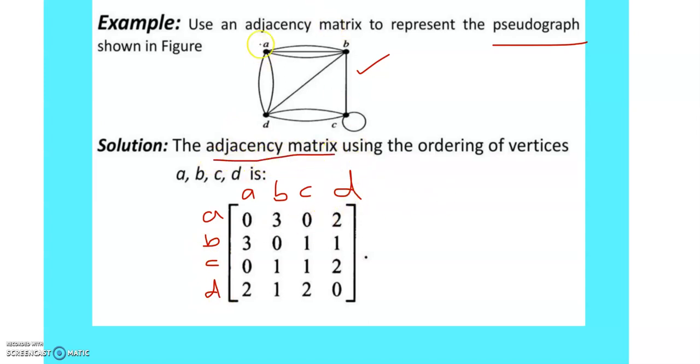Now you see here, this vertex A has 3 edges with vertex B. So A and B having 3 edges, so write 3 between them. Now A and D having 2 edges, so A and D is 2. If you write in the first row 0 3 0 2, then after this 0 you write all these 3 values down also, because this is a symmetric matrix.